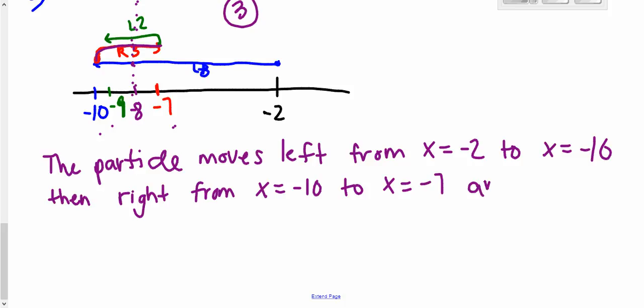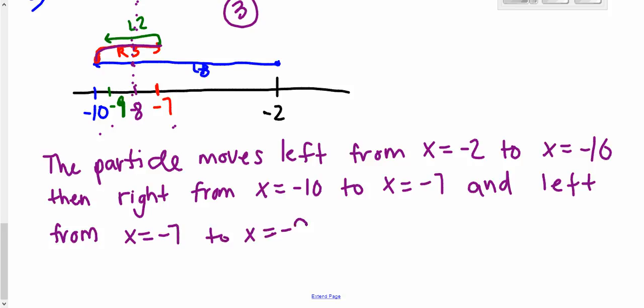And finally, it goes again, and left, sorry, I forgot my direction, and then left from x equals -7 to x equals -9.